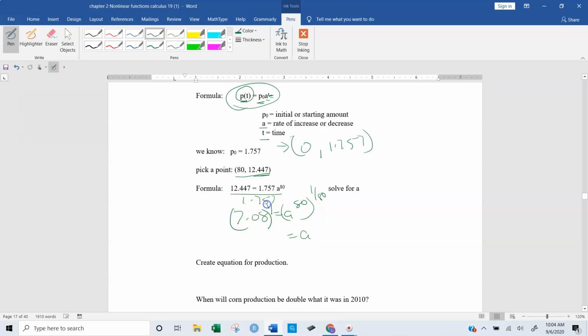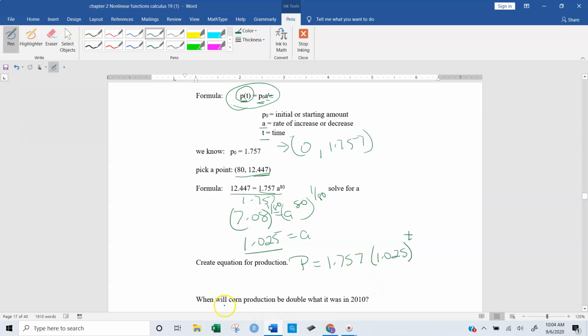So I'm going to take this to the 1 over 80 power and I'm going to get 1.025. So a is 1.025. Now I have to make this equation. So that means my initial is not going to change. So y is equal to my initial times 1.025 to the t power, whatever time is.